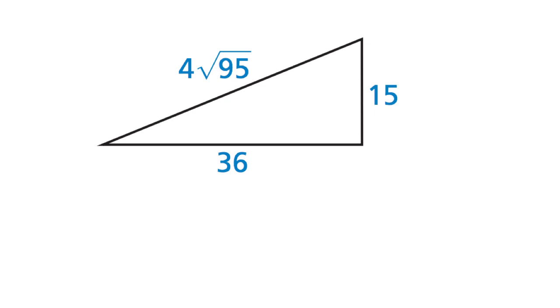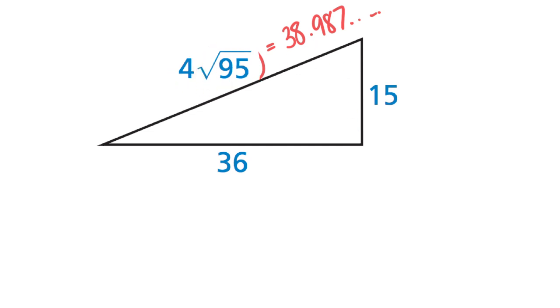In your calculator, you can do 4 times the square root of 95, or you can do the square root of 95 and then multiply it by 4 and get that number as a decimal. If you calculate that out, this is going to be approximately 38.987, and then it continues. So that's definitely the biggest side, right? So this is definitely the hypotenuse.